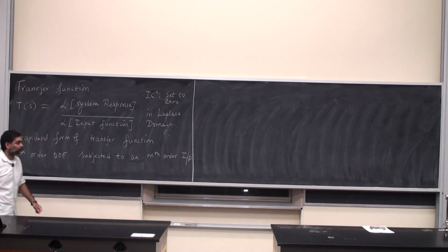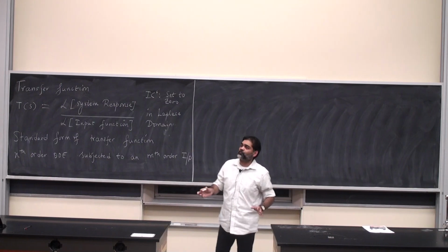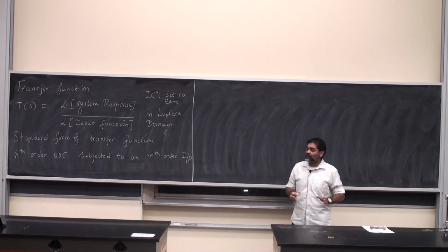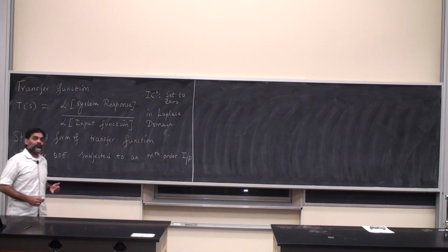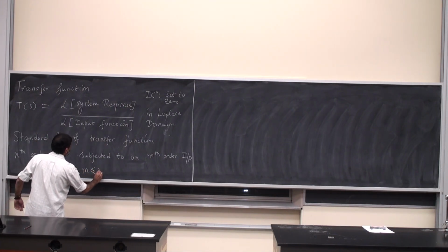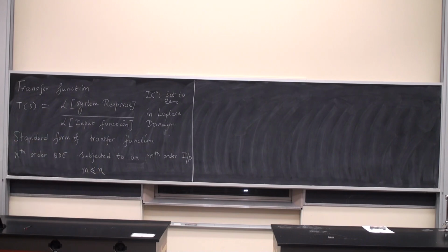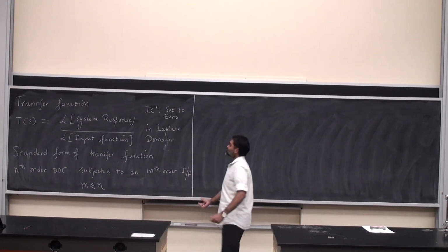I/P is input, and for proper systems, this is the definition of a proper system. I won't go further than that because you're going to come across this when you do controller design in the next sequence that you're going to take of this course. So usually m is less than, or in the worst case equal to, the order of the ODE, of the system ODE. All right, and we wrote this down.